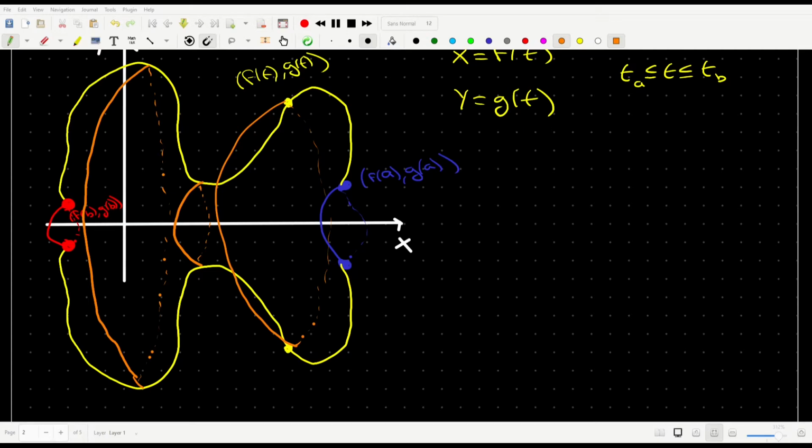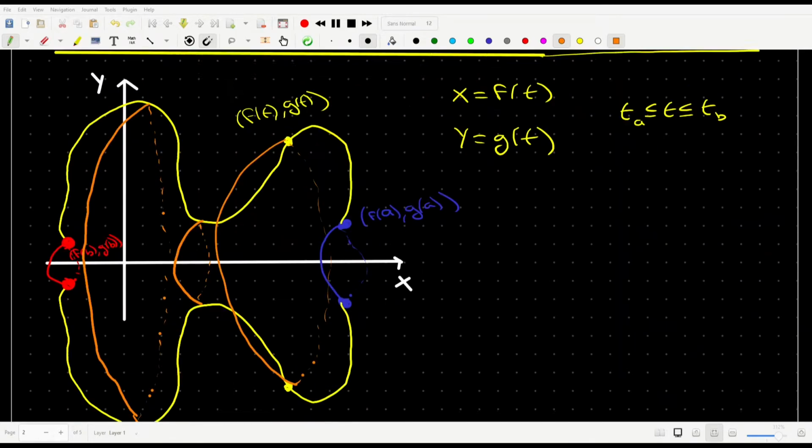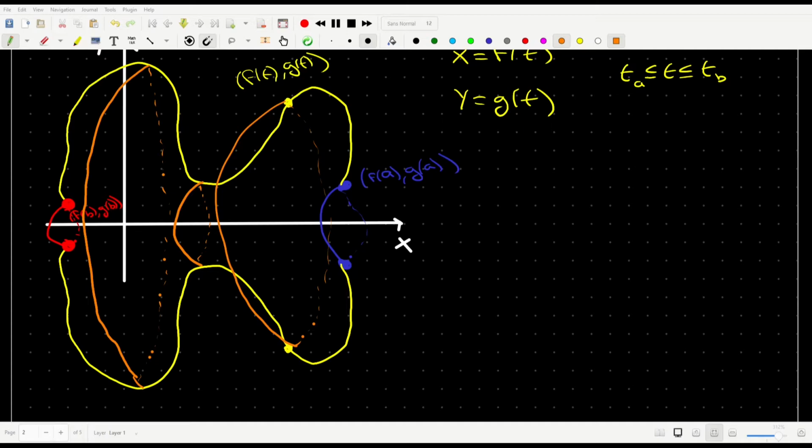And the whole idea of the surface area of revolution is finding a formula for the surface area of such an object. Now, in your Calc 2 class, you hopefully saw a formula for surface area of revolution of a function of x. This is going to be a little bit more general because it's going to be for a general parametric curve.